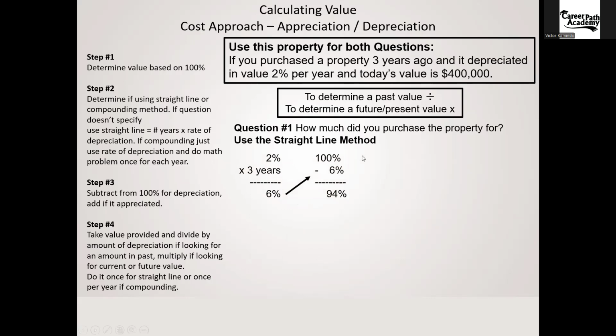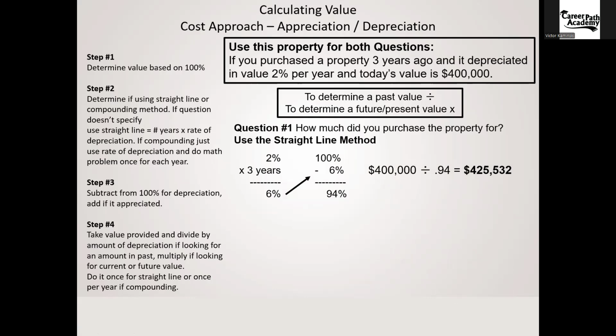So to do this straight line method problem, we're going to take today's value and divide it by 94%, or 0.94, to get the purchase price. It should be larger. If the number is smaller, you know this is wrong, because the question says the property was purchased 3 years ago and depreciated in value 2% per year since then.